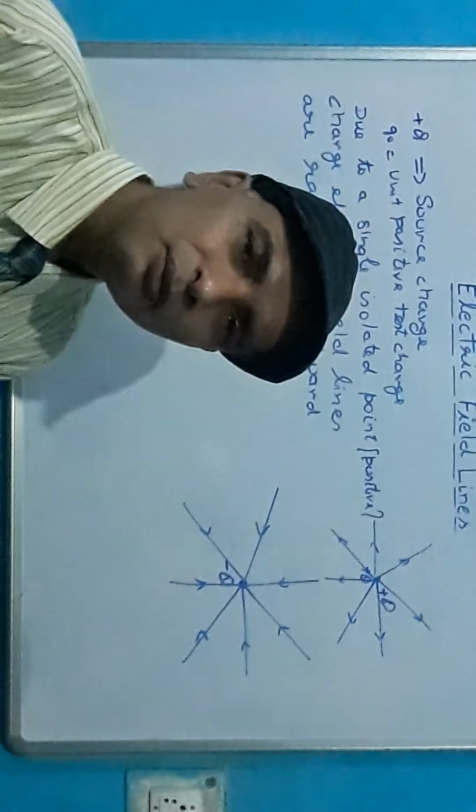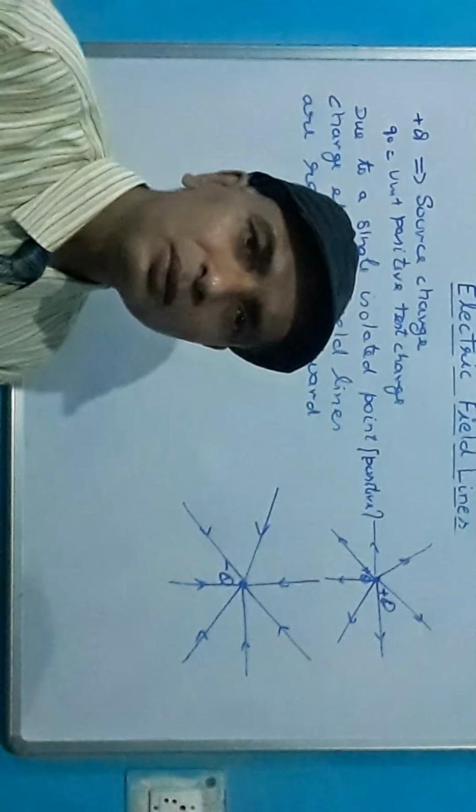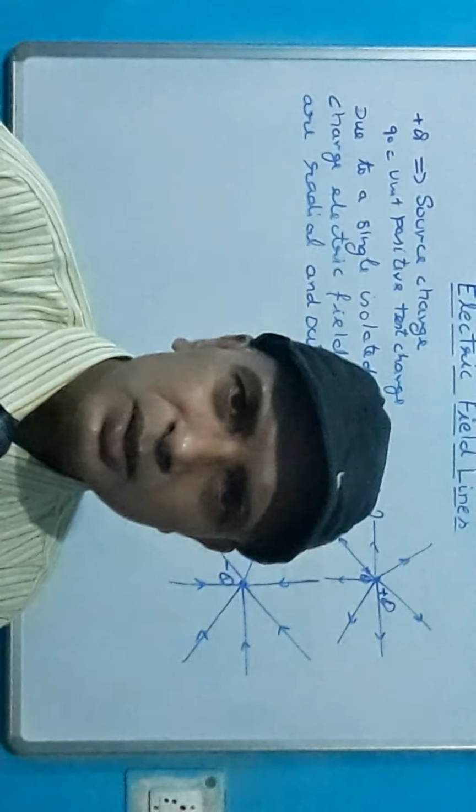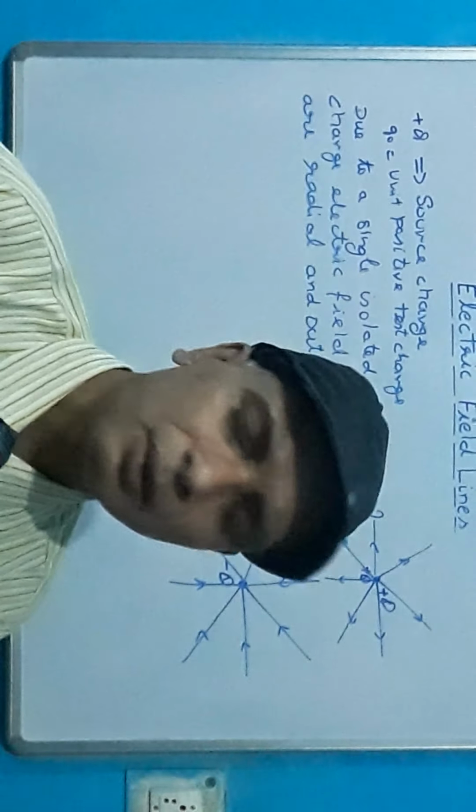Now I have to draw the electric field lines due to two charges which are equal in magnitude but opposite in nature. Let us see how we can draw that.